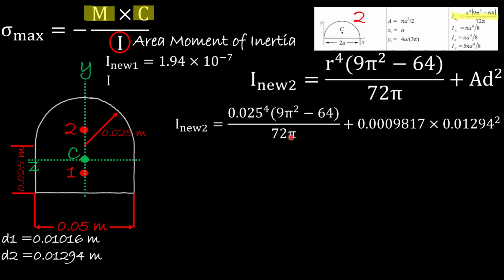So what we will do is plug in these values as you see in here. Then we will find that the new area moment of inertia for shape 2 with respect to the center of the whole cross section is 2.07 times 10 to the power minus 7. Now we will add these two numbers to give us the area moment of inertia for the whole shape.